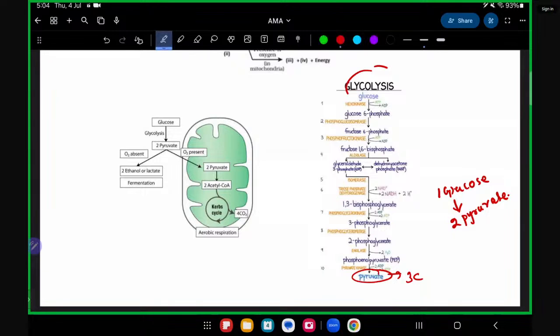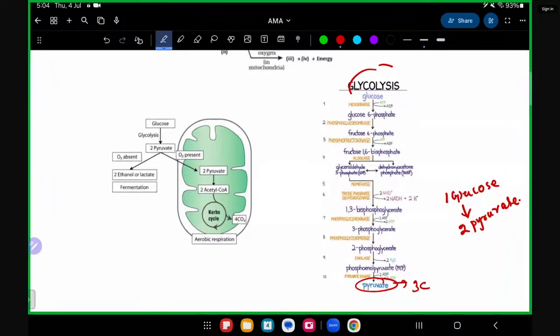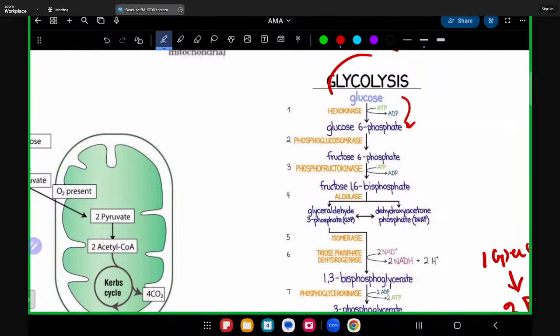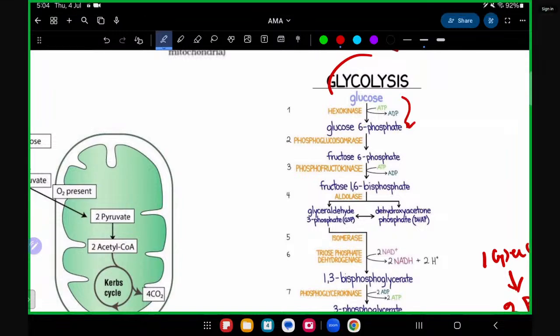The first step is conversion of glucose to glucose 6-phosphate, in presence of hexokinase. The second step is conversion of glucose 6-phosphate into fructose 6-phosphate in presence of isomerase.